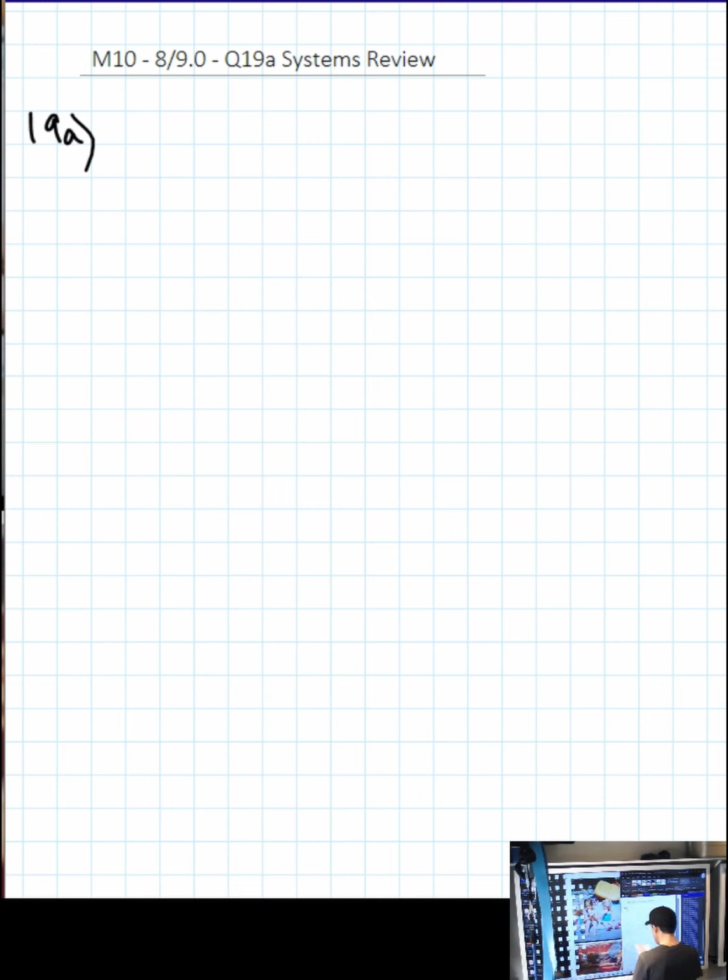Okay, 19A, a 2-point question. Typically, the cost of making something includes a unit cost plus a fixed cost. Okay, one day of the week, a pizza store makes 100 pizzas and costs $550. Let's let P equal the number of pizzas, and let's let C equal the cost of pizzas.